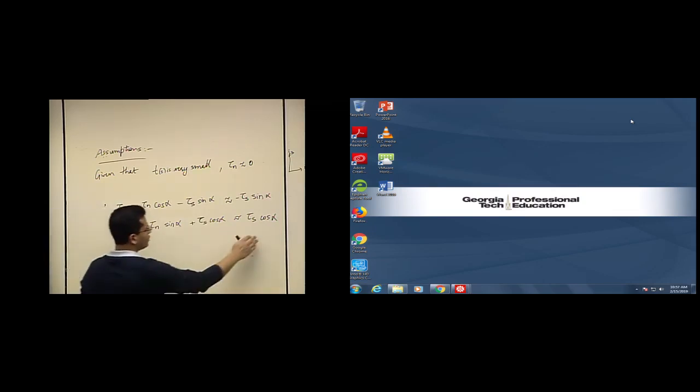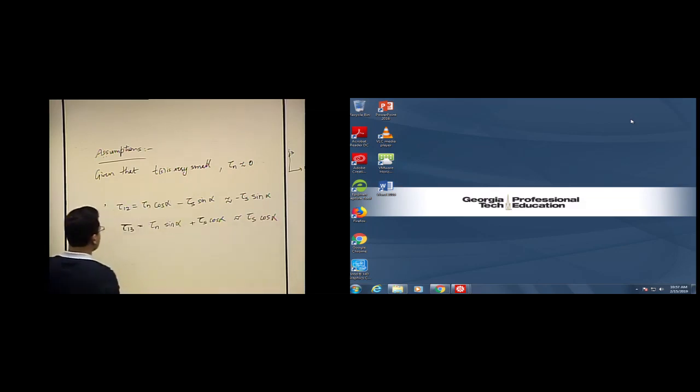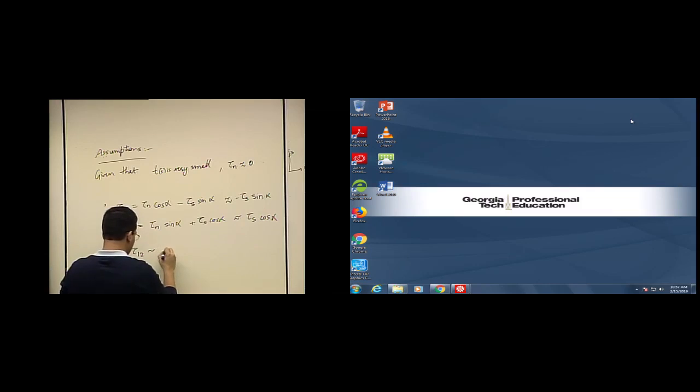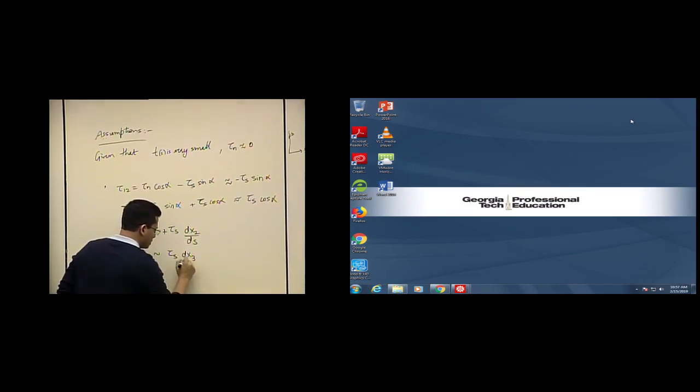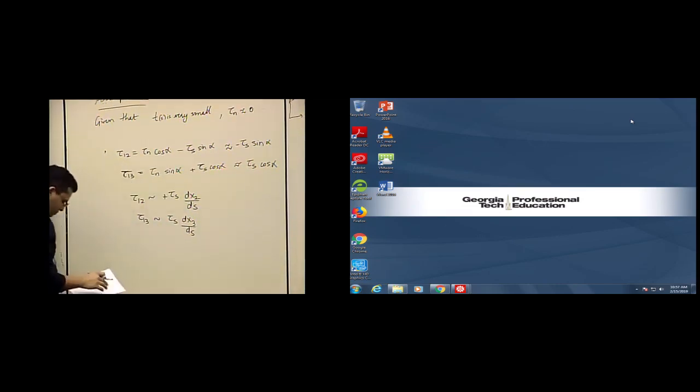We have the values for cosine alpha and sine alpha, so tau 1 2 is equal to minus tau s, actually plus, because sine alpha is negative of dx2 over ds, and tau 1 3 goes to tau s dx3 over ds.